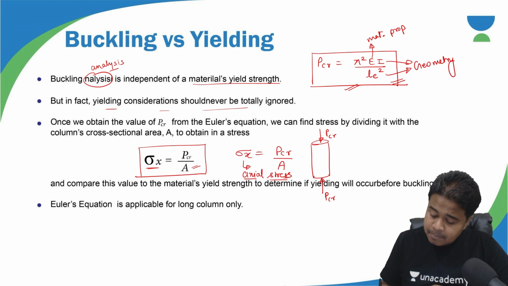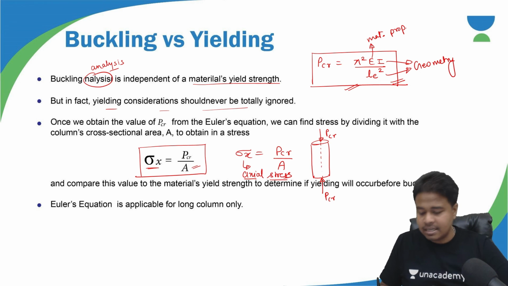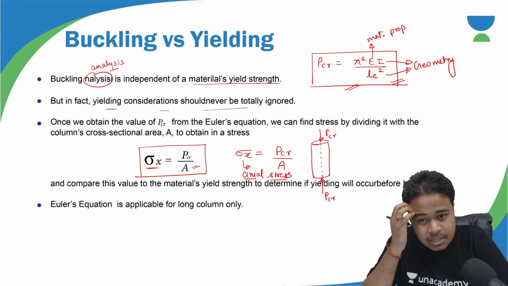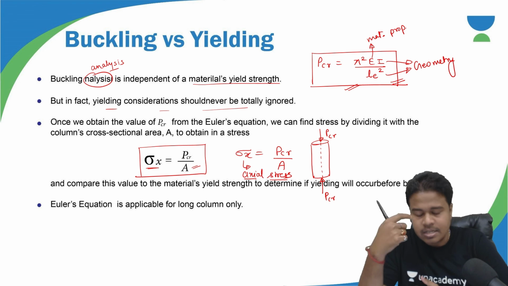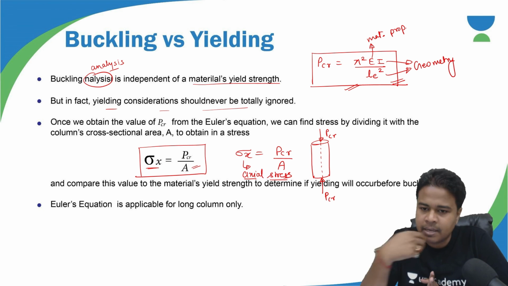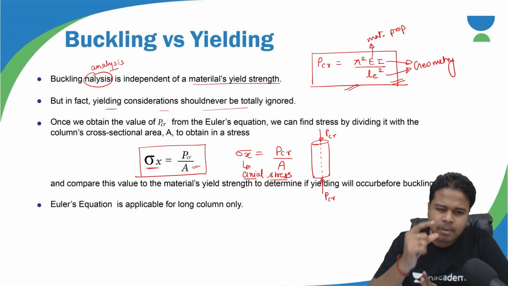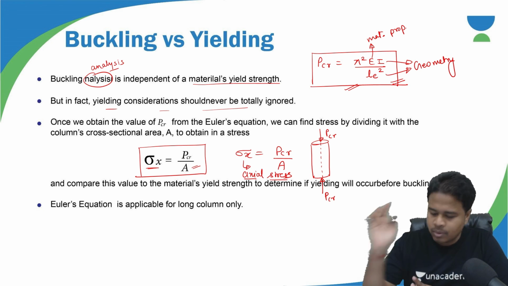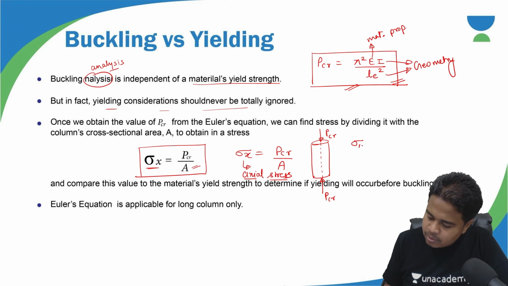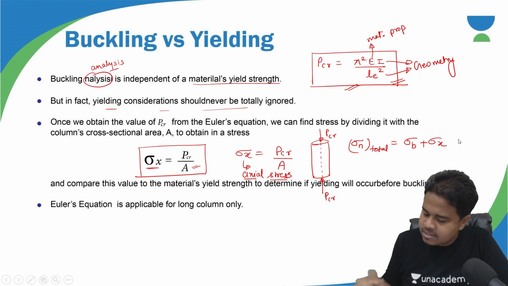But at the same time, bending will also be there. Or suppose it has just started buckling. So a little bit of bending stress will also be there, and that has to be taken into account. So I will find the total normal stress, which is nothing but bending stress plus axial stress.